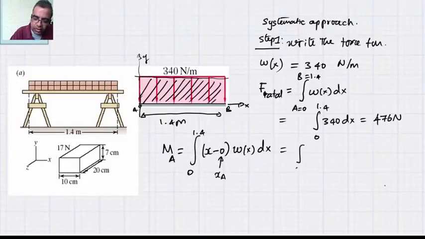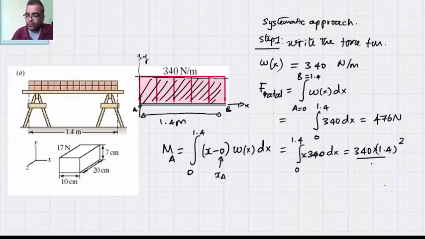Integral 0 to 1.4 of 300, that's W of x, x times 300 dx, which turns out to be equal to 300 times 1.4 whole squared over 2, which turns out to be, how much is that? 1666 over 5 Newton meters.